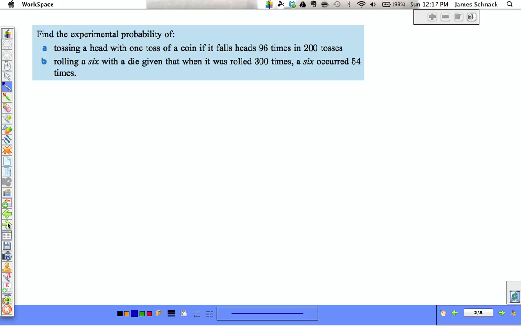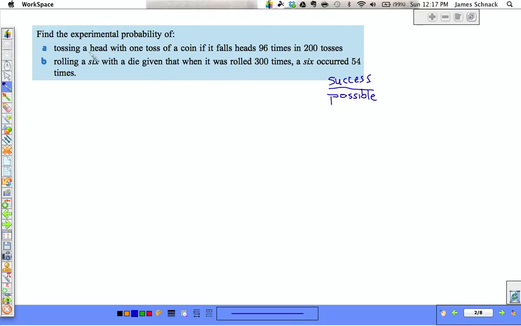So here we go. Find the experimental probability of tossing a head if it falls heads 96 times in 200 tosses. So experimental probability, it's success over possible.